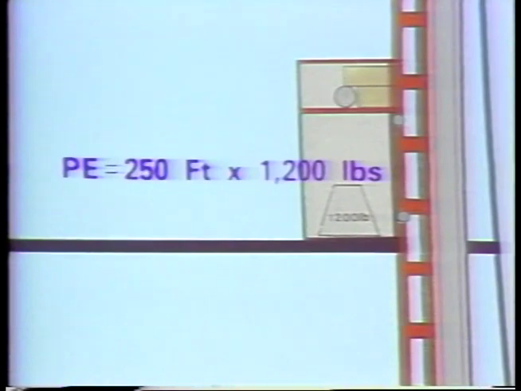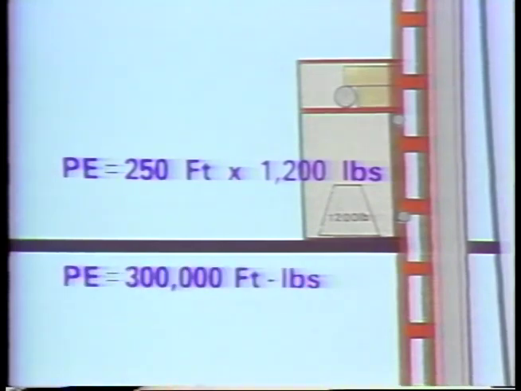If the elevator is 250 feet high and the elevator's total weight, including the load it carries, is 1,200 pounds, then the potential energy of the elevator would be 250 times 1,200 pounds, for a total of 300,000 foot-pounds.